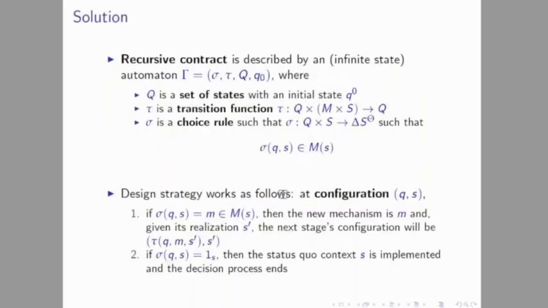Okay, so what is the solution to this recursive problem? The problem is to draw a contract which is not just a mechanism that is implemented today, but has a recursive structure, in the sense that it does not only specify the mechanism that we are going to draw today, but it also recommends another mechanism that is going to be played if we deviate, if we renegotiate the current mechanism.